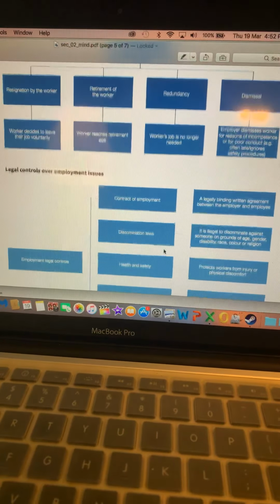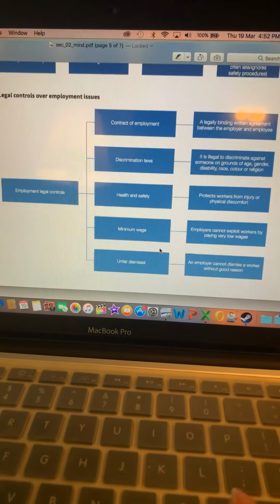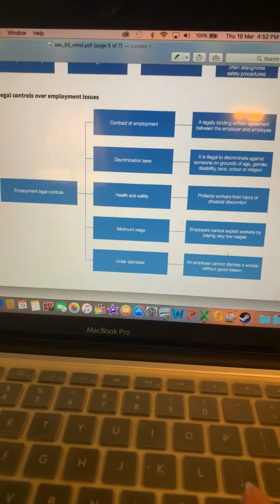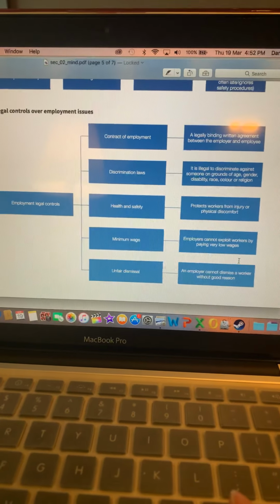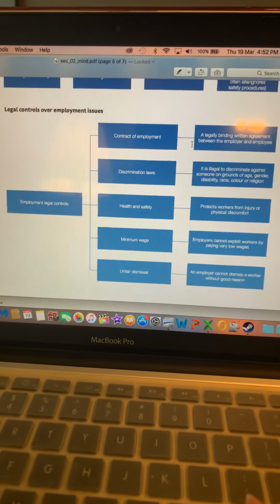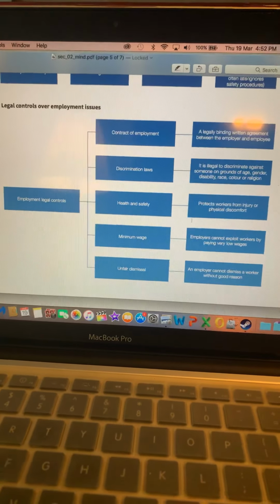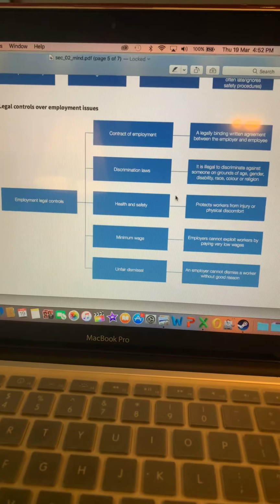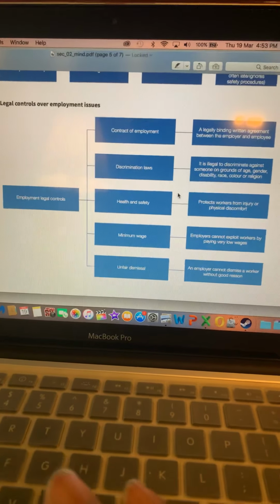Okay, legal controls over employment issues. I think if I'm not mistaken, some of this came out in the exam. Yeah, so these are things that the business must have, or legal or laws, or protection from the government for workers, right?